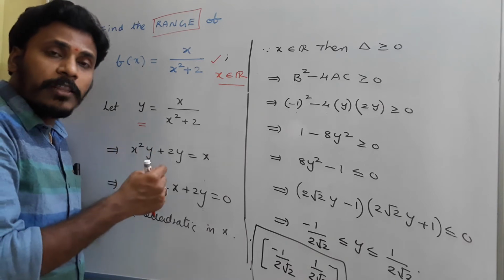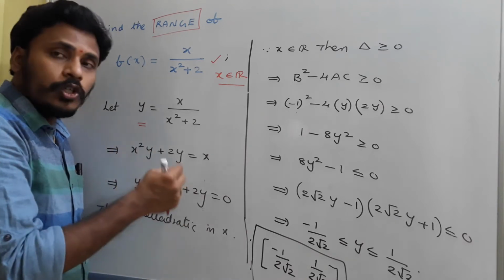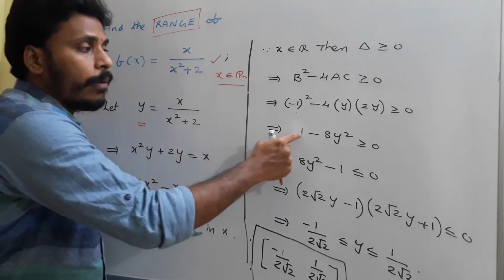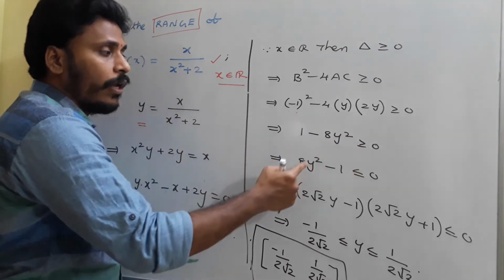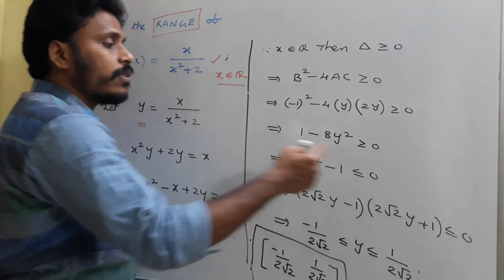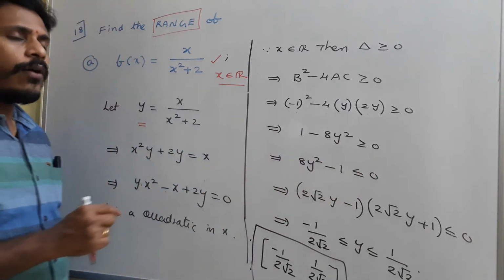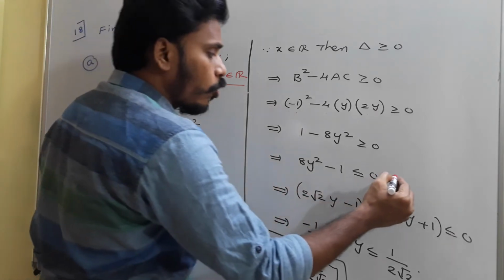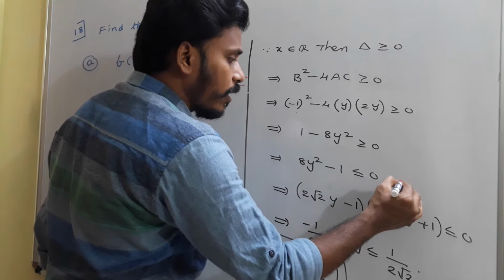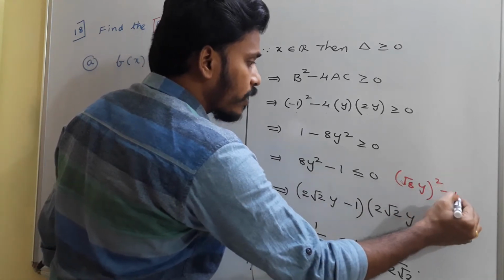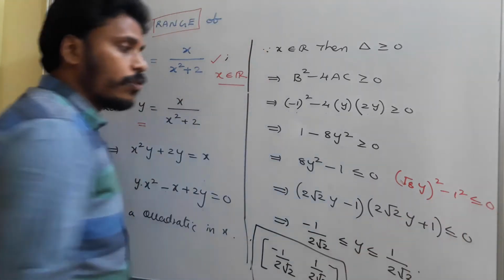Since I need to find the possible values for y, think about y. For that you just multiply with minus. 1 minus 8y square is positive, so 8y square minus 1 is negative, so 8y square minus 1 is less than or equals to 0. Now you just try to rewrite this. 8y square is simply root 8 y whole square minus 1 square is less than or equals to 0.